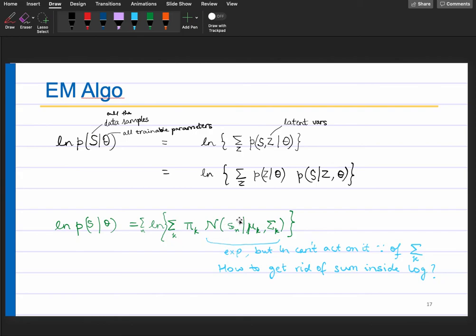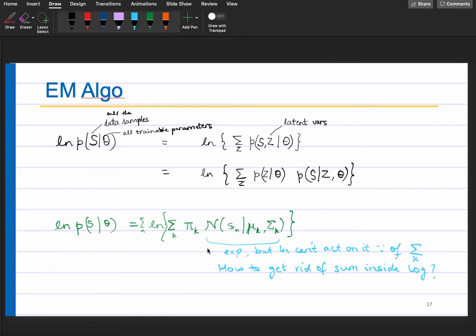This term, the normal distribution term, is an exponential. If this summation would not have been there, I could have operated the log on pi, so it would have become log of pi plus log of this exponential term, where you can remove the exponent and it becomes a quadratic term. Very nice function it becomes.